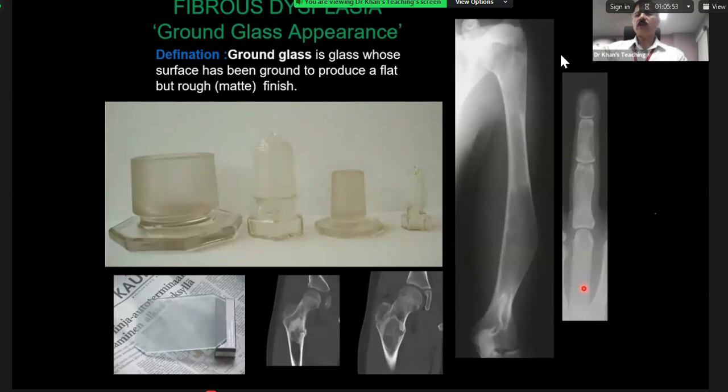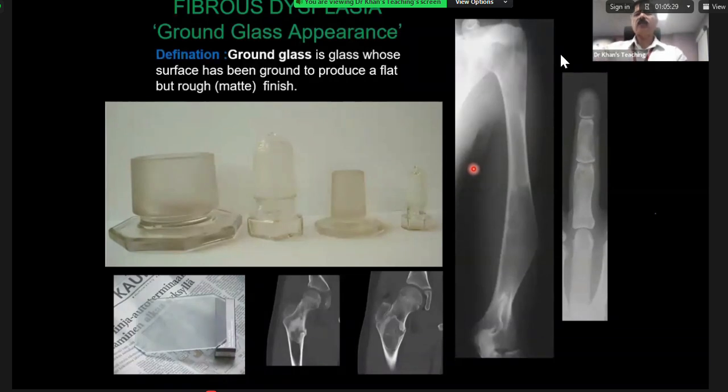You don't see the medullary cavity, it is obliterated, and then there is this ground glass. Some lucencies are there, and then there is a lytic lesion here in the distal part. This should not confuse you. If you don't know that fibrous dysplasia can have a lytic appearance also, you will always confuse this. So that is why I say know the pathology and make your radiology.